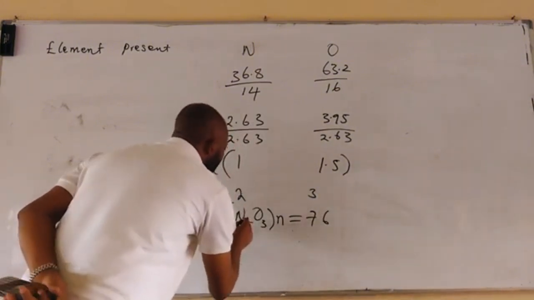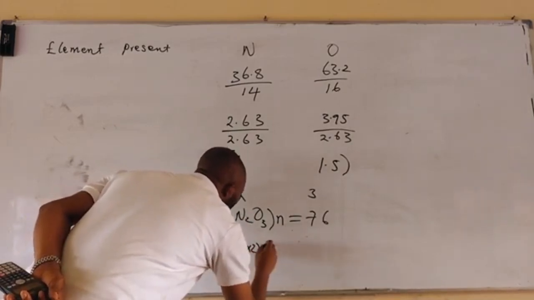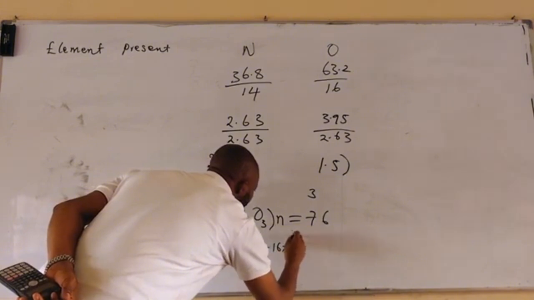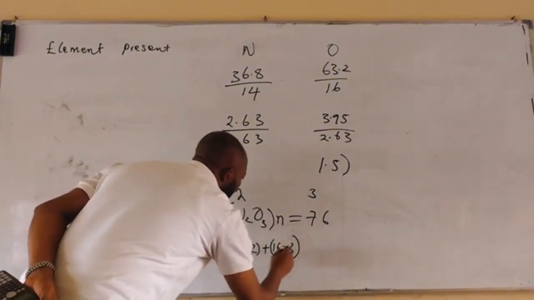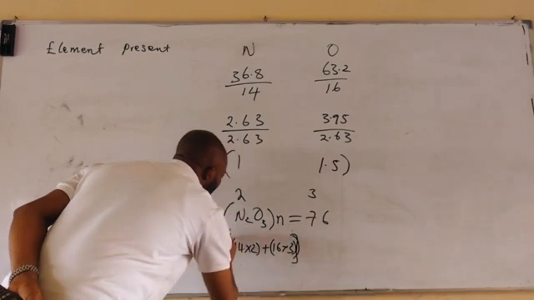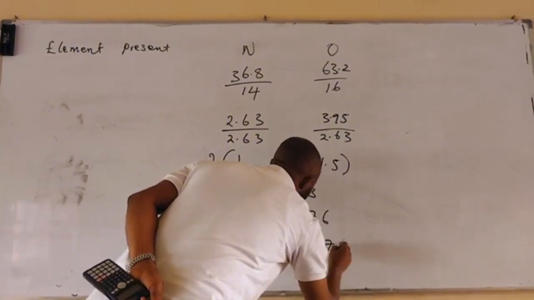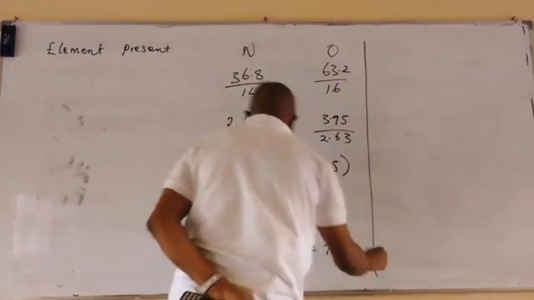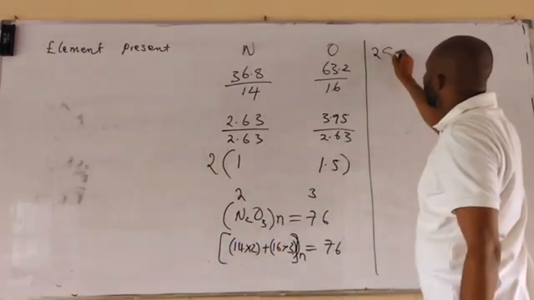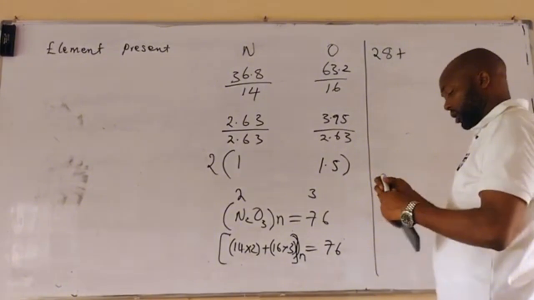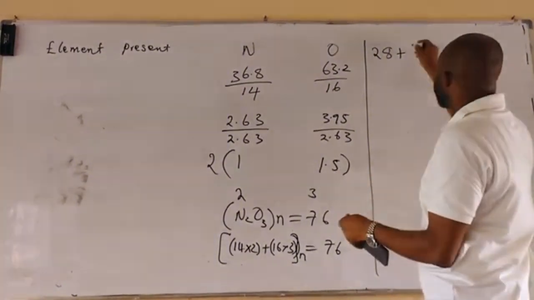Nitrogen is 14, so 14 times 2 plus 16 times 3, with my n outside, is equal to 76. 14 times 2 is 28. 28 plus 16 times 3, which is 48.